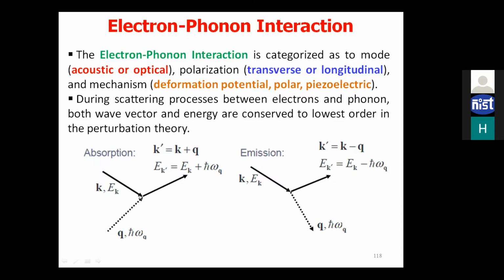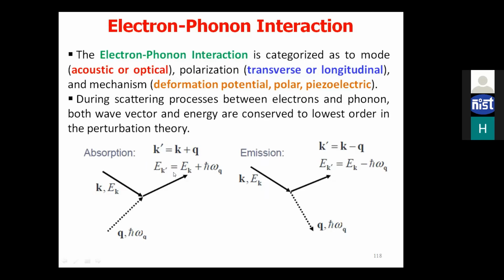Due to this scattering, let there be a phonon. Now the final state has wave vector k prime and energy Ek prime, where k prime equals k plus q, and Ek prime equals Ek plus h-bar omega q. This additional term means that here it absorbs that phonon.